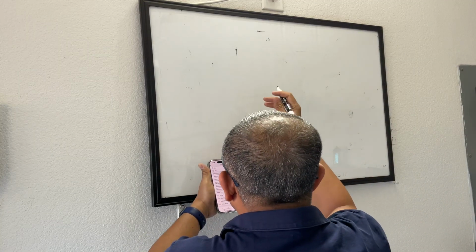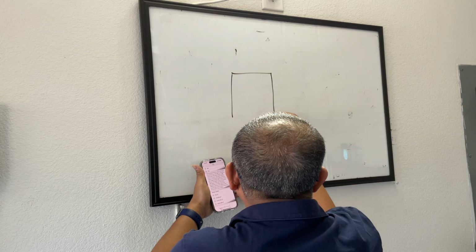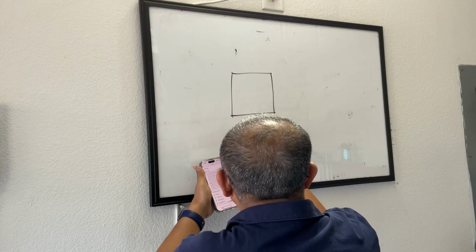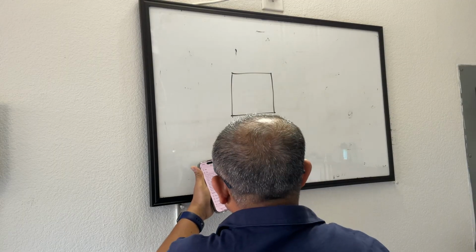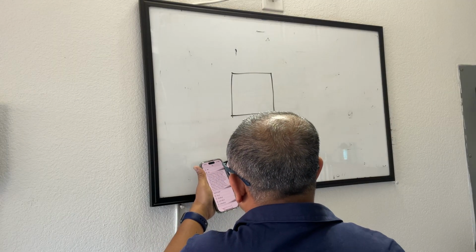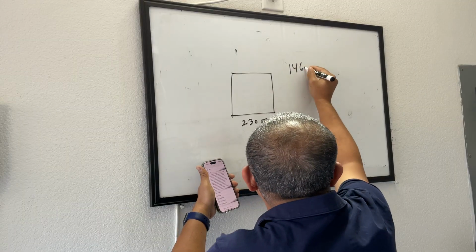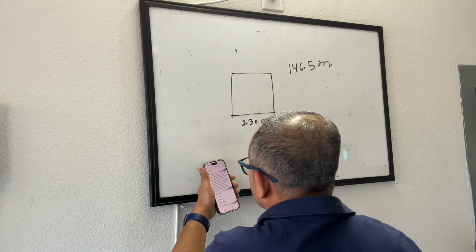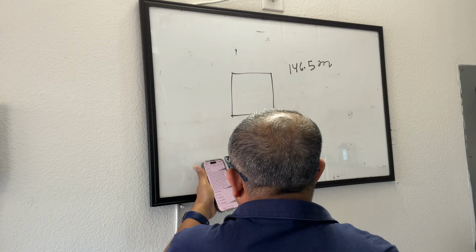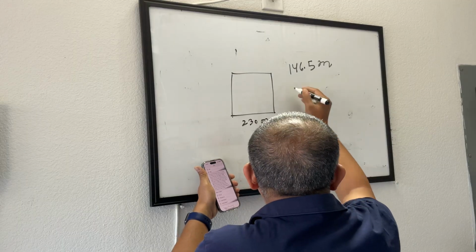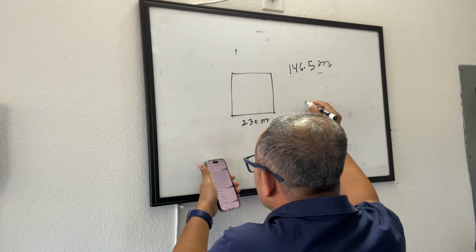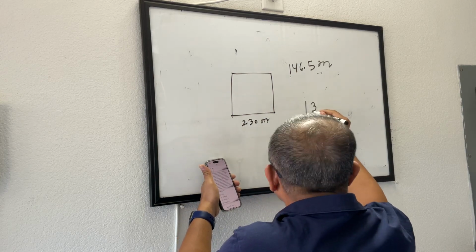It's a right pyramid with a square base, with lengths of 230 meters. The original vertical height is believed to have been approximately 146.5 meters. Due to erosion, the height is now approximately 139 meters. So the original height of this pyramid was 146.5 meters. Due to erosion, the height has reduced to 139 meters.